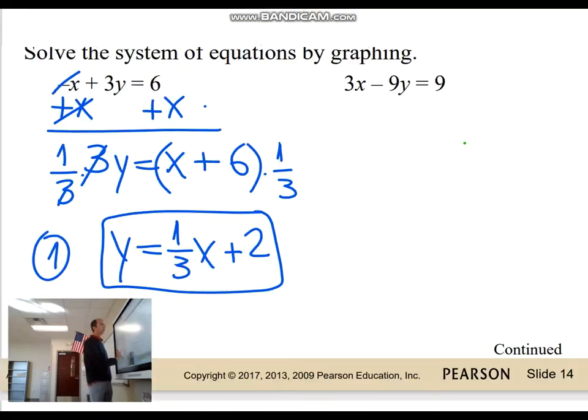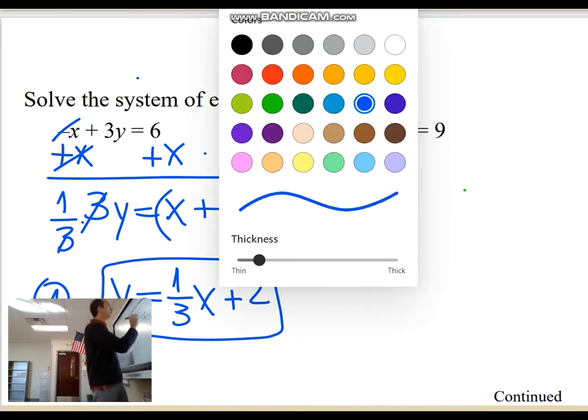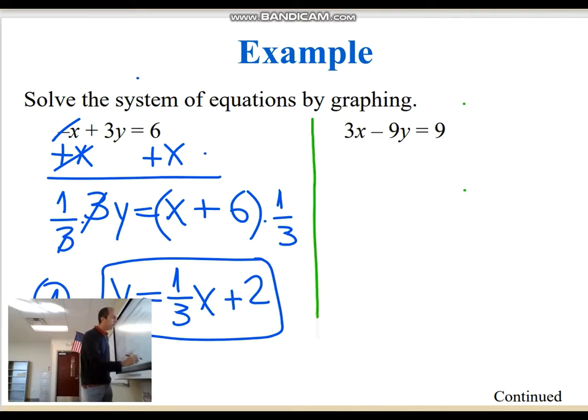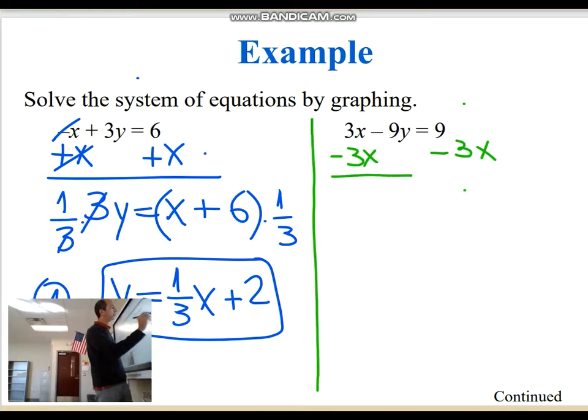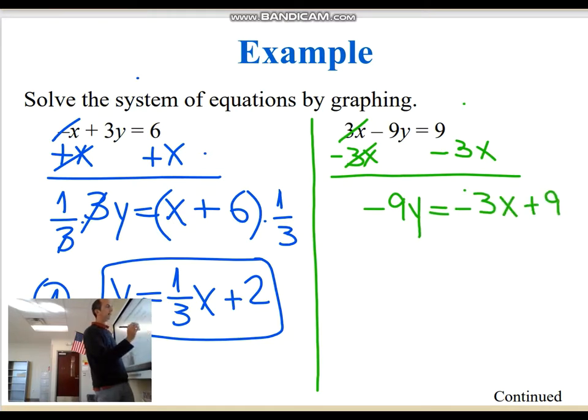Now equation number 2. We can do the same thing, change the form of the equation and write it using the slope-intercept form. Apply the addition property of equality, subtract 3x on both sides, and then we have negative 9y equals negative 3x plus 9.